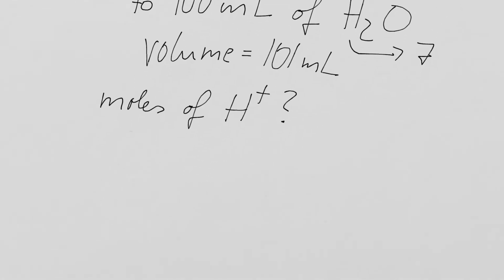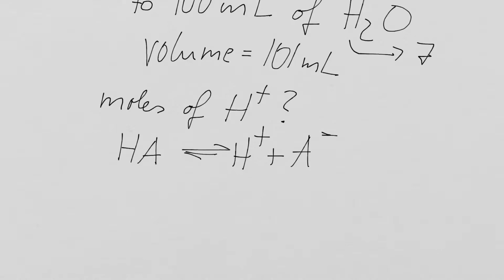What we do know is we have our dissociation constant. So let's say we have HA, and that dissociates into H plus and A minus, right? And we can write this as an equilibrium.